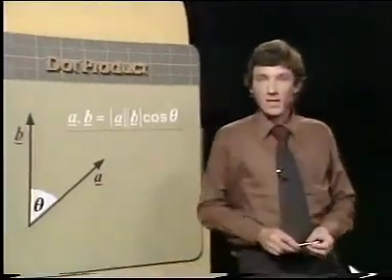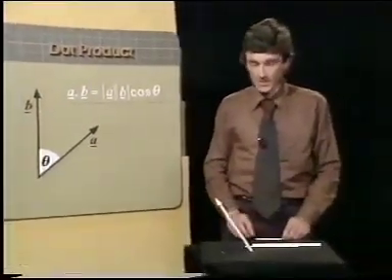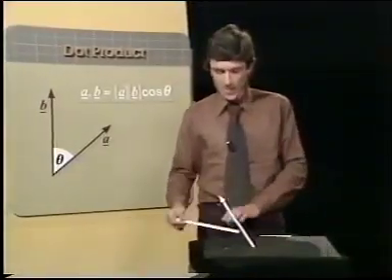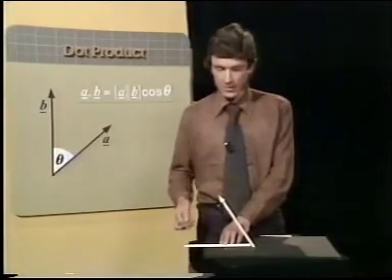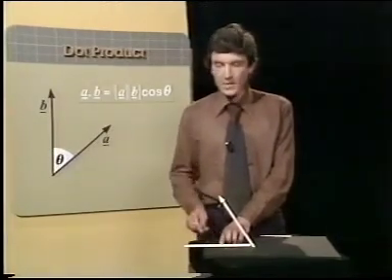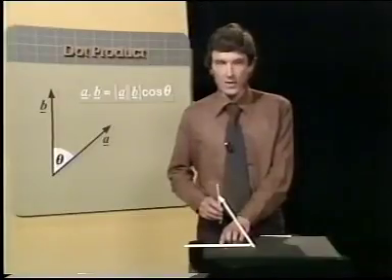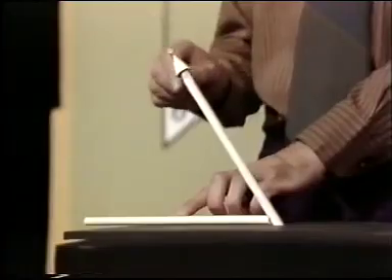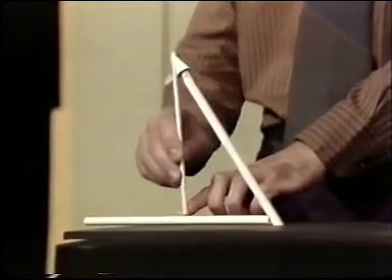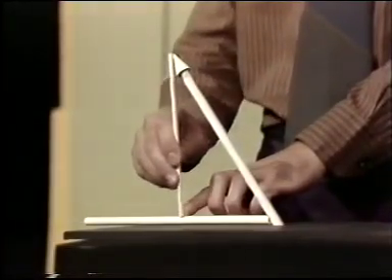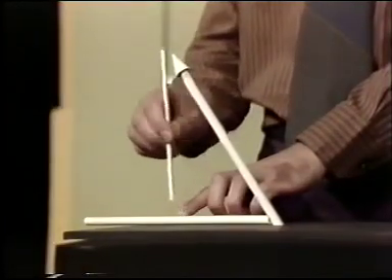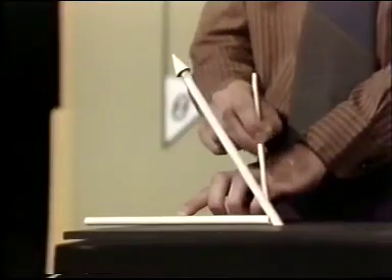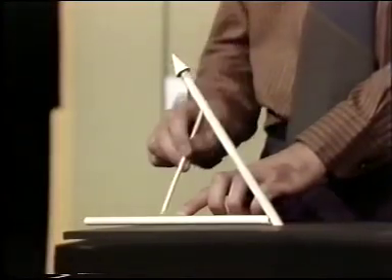Well, let's take a close look at what we mean by a projection. Here is a vector, and here is a direction. We obtain the projection of this vector on this direction the following way. We drop a perpendicular from the head of the arrow to the line, and then this distance from the foot of the perpendicular to the tail of the arrow is the projection of this vector in this direction.